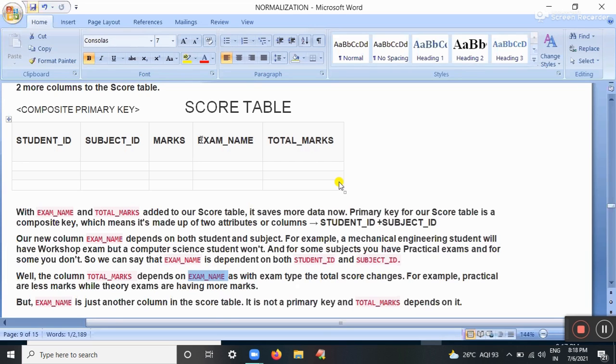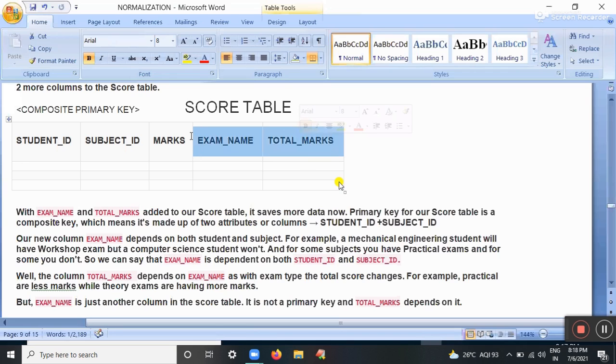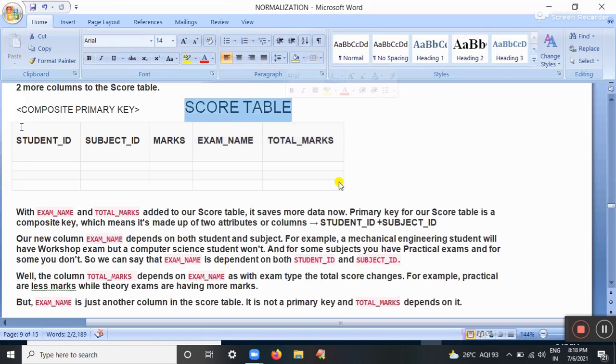What is meant by transitive dependency? In a table, if a non-key column depends on another non-key column, it is called a transitive dependency.